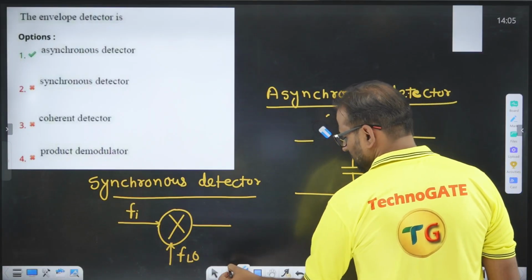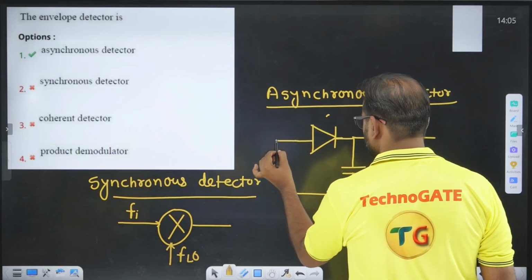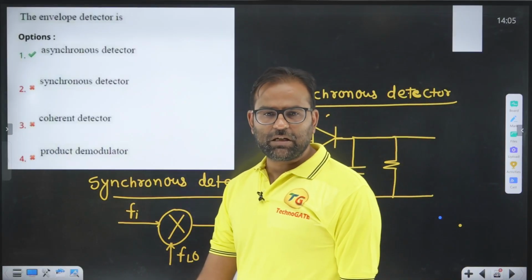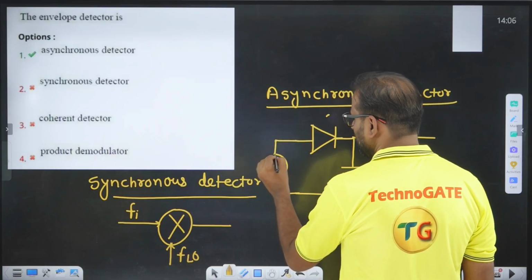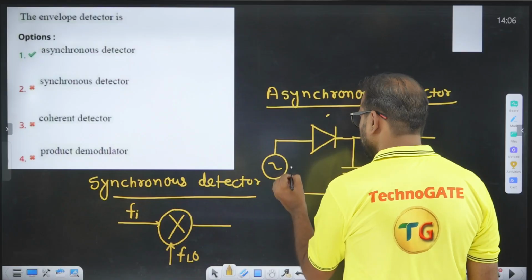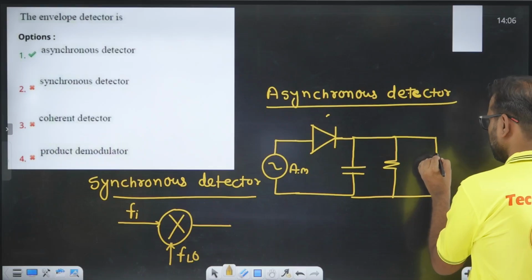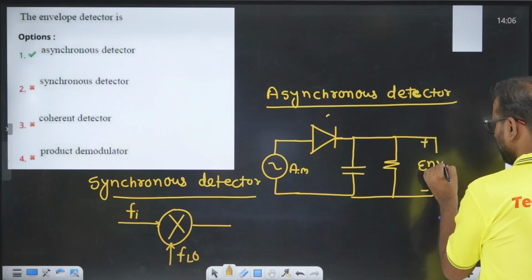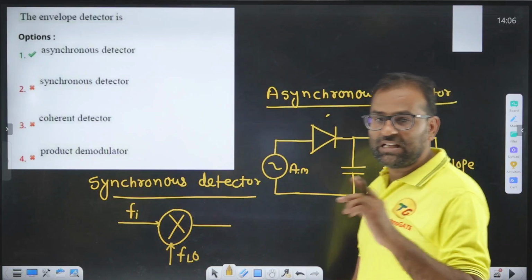This is the circuit which is known as the envelope detector circuit, generally used to demodulate one AM signal. If this is your AM signal, what you can expect here is the envelope of that signal. And always remember, the message of the signal lies in the envelope only.